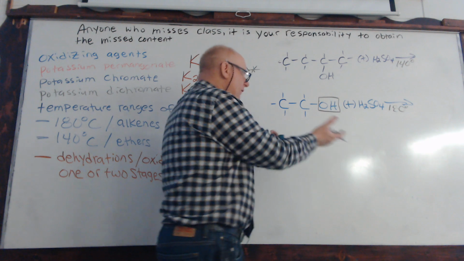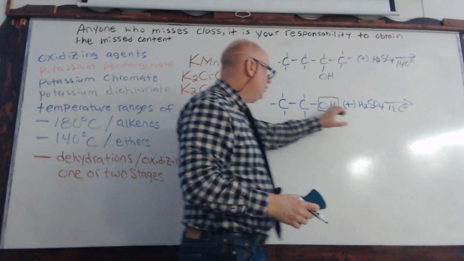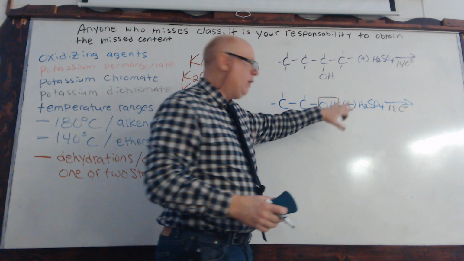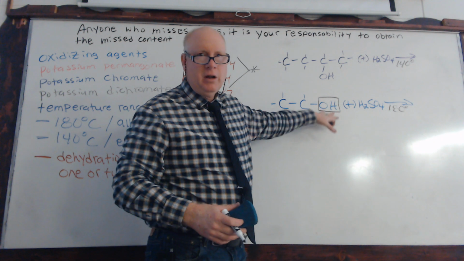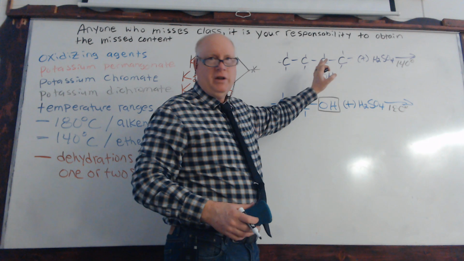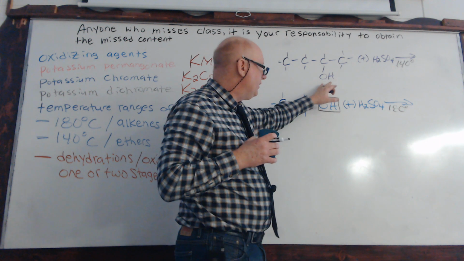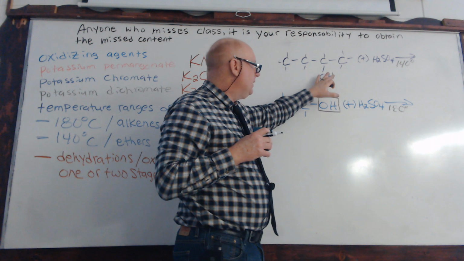It means you have to have a mirror image on both sides. You'd have to have 2 carbons over here and 2 carbons over here. That works on a primary alcohol. On a secondary alcohol, that just doesn't work. It'll still react, but it's not going to form an ether.